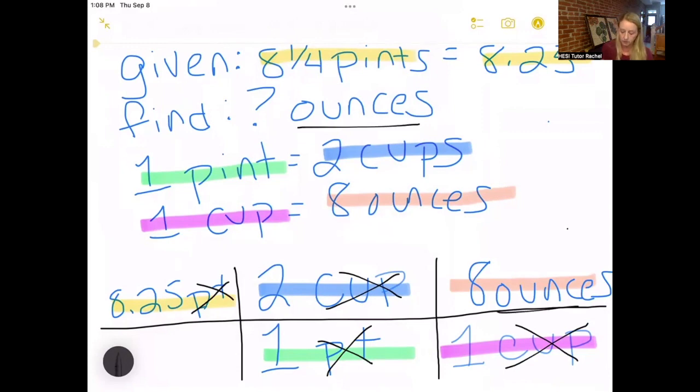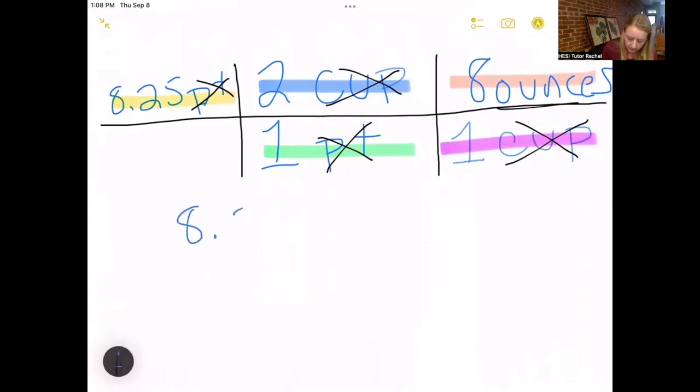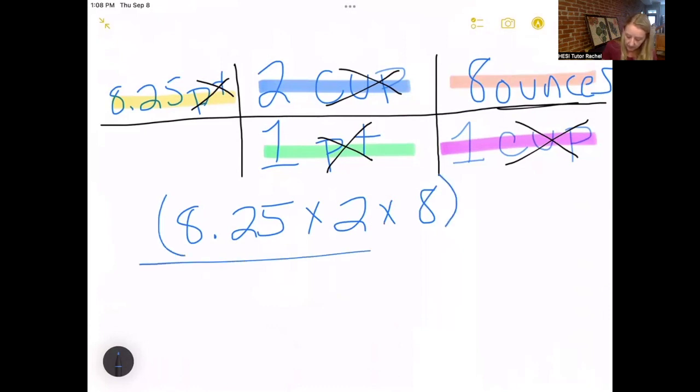So now we can do the calculation itself. Now I'm going to write out the calculation starting with everything that's on the top. 8.25. And every time they're next to each other, that means we're going to multiply. Times 2 times 8. So that's everything that goes on the top. And then on the bottom, in this case, we just have ones.